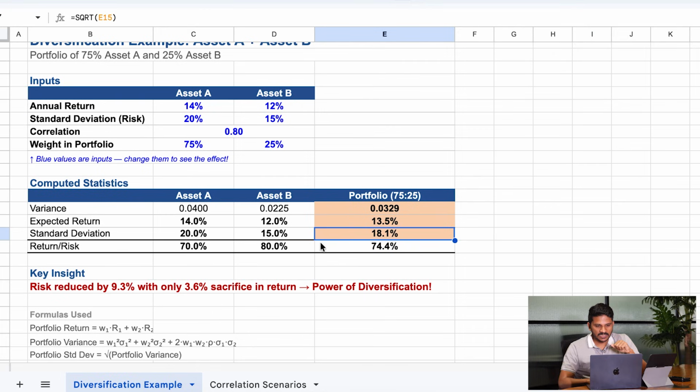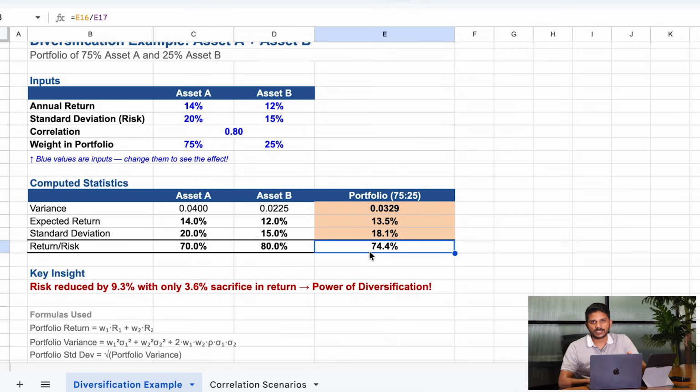Now, if you see, this is return upon risk for each asset. Essentially, I'm dividing 14% upon 20%. So that is return upon risk here for asset A, and for asset B it is 80%, and for the portfolio, as you can see, it is 74%.